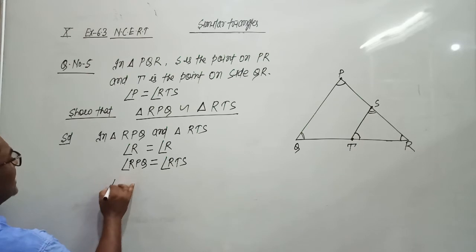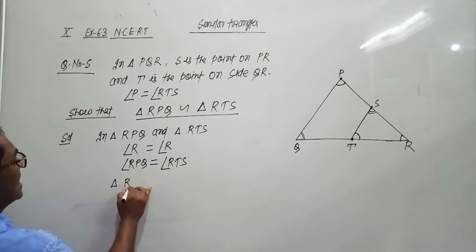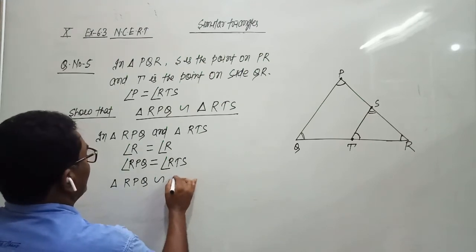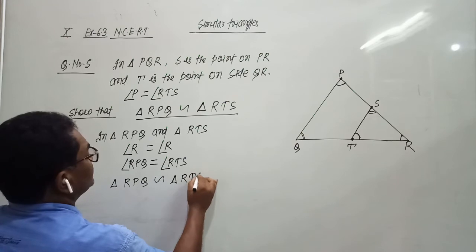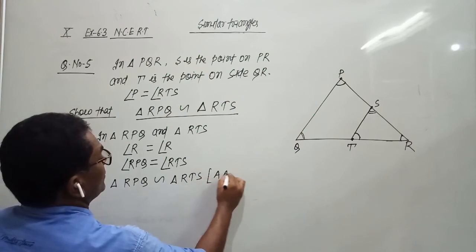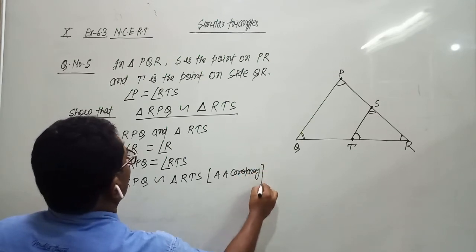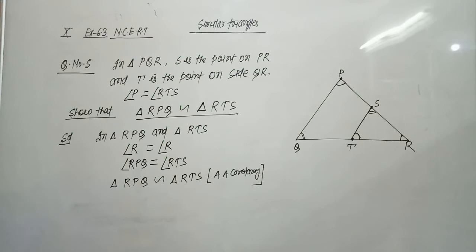So we can write that triangle RPQ is similar to triangle RTS by a corollary, because two corresponding angles are equal, and if two angles are equal, then the third must be equal.